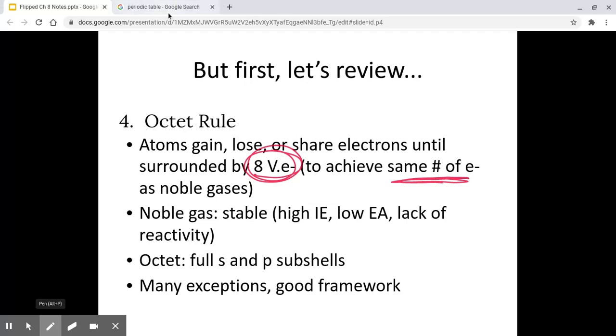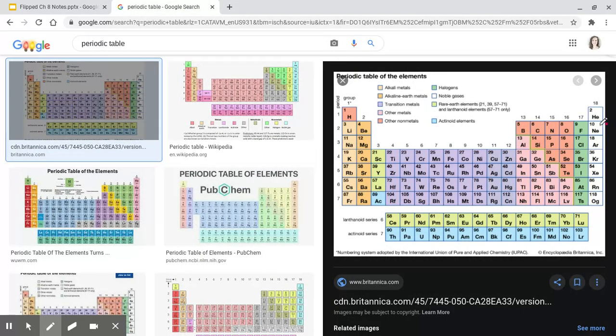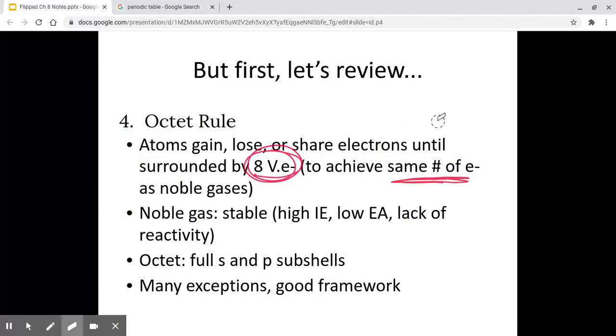So let's look at a couple of these. Let's look at fluorine and neon. So we'll compare them to neon. We're going to look at fluorine and we're going to look at sodium. Okay, so fluorine is going to have 2 energy levels.